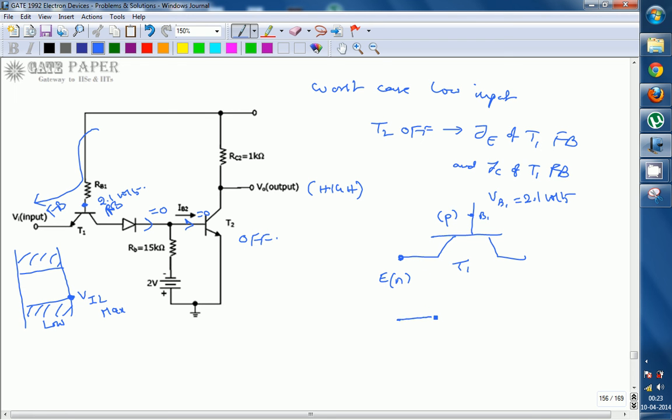This is the general diode symbol with E and B, that is nothing but the N side and P side, where it requires some voltage, the cut-in voltage. So VE is equal to V gamma plus VB. We can write VE is equal to V gamma plus VB.